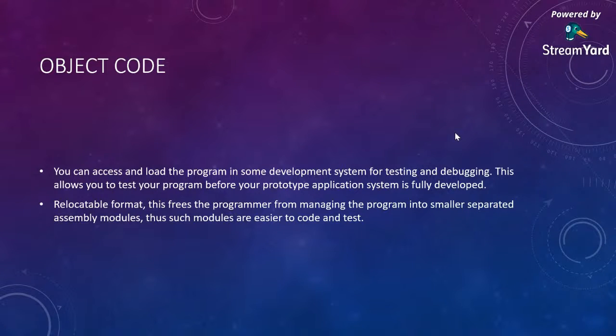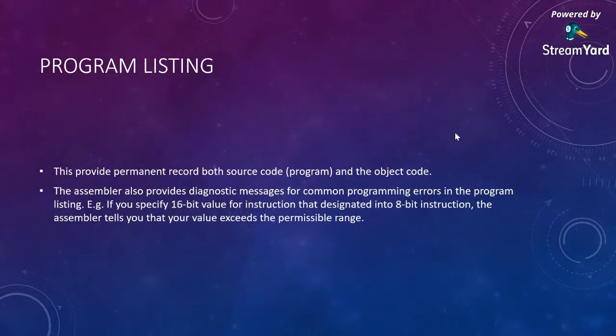So the other one is the relocatable format. This is for the programmer managing the program by splitting it into smaller separated assembly modules. Thus, such modules are easier to code and test. So the next one is the program listing. It provides a permanent record of both the source code or program and the object code.